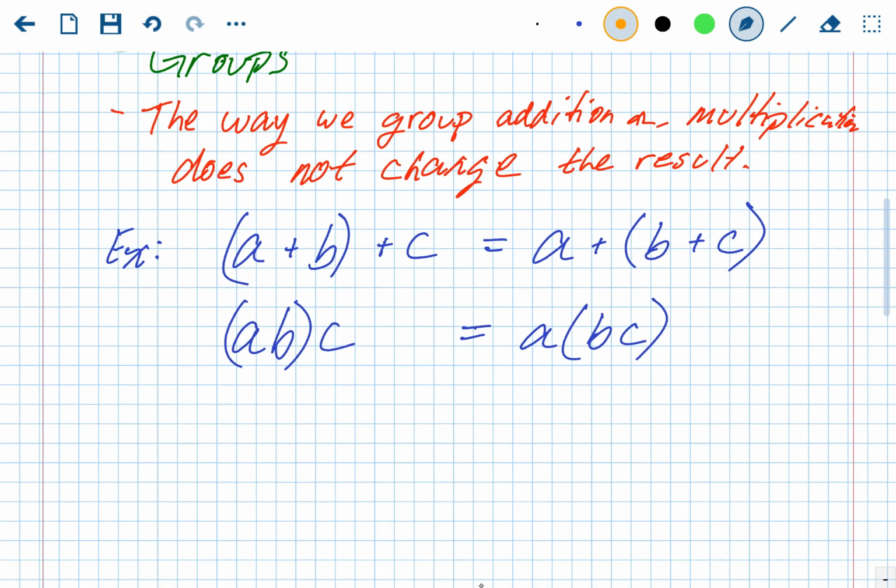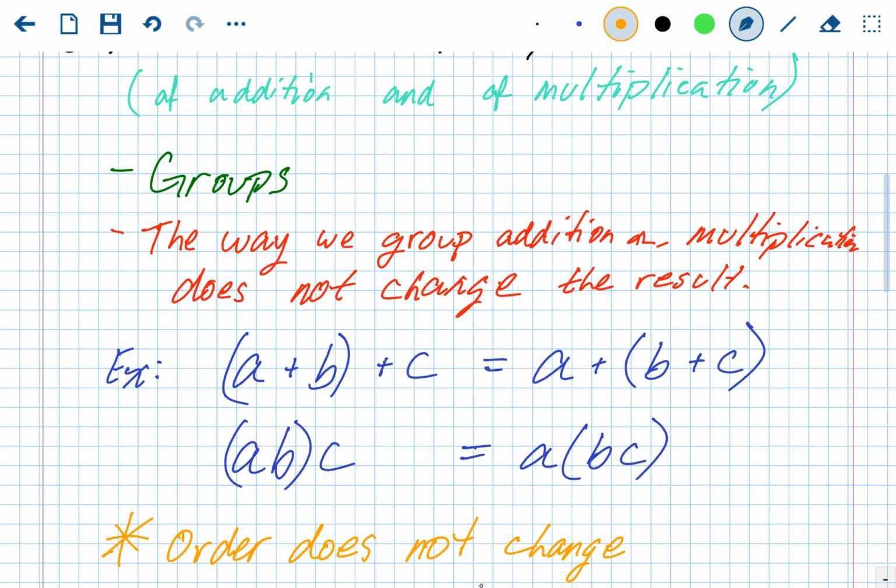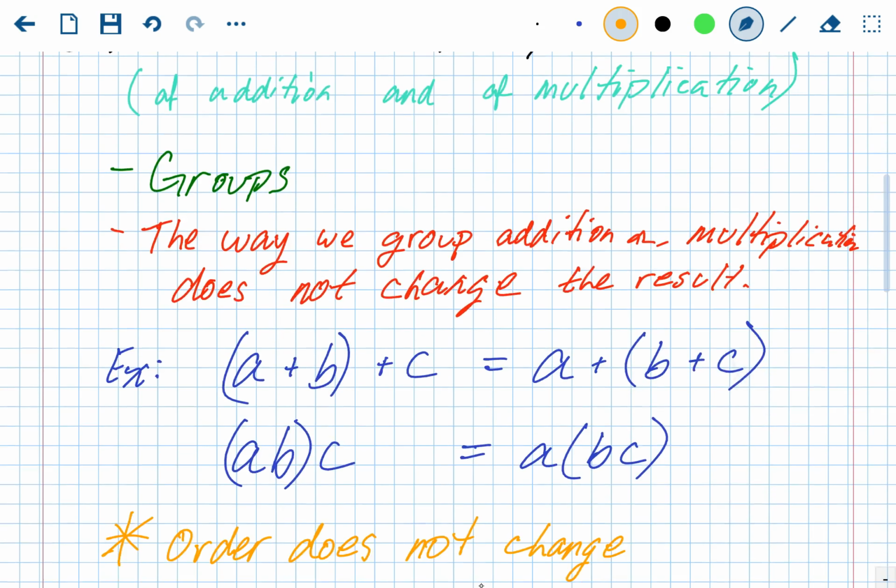So that's going to be the big way we tell the difference between this property and the next property. So the order didn't change, just whatever the values or the variables that were in the parentheses did change. Okay. All right, so that's the associative property.